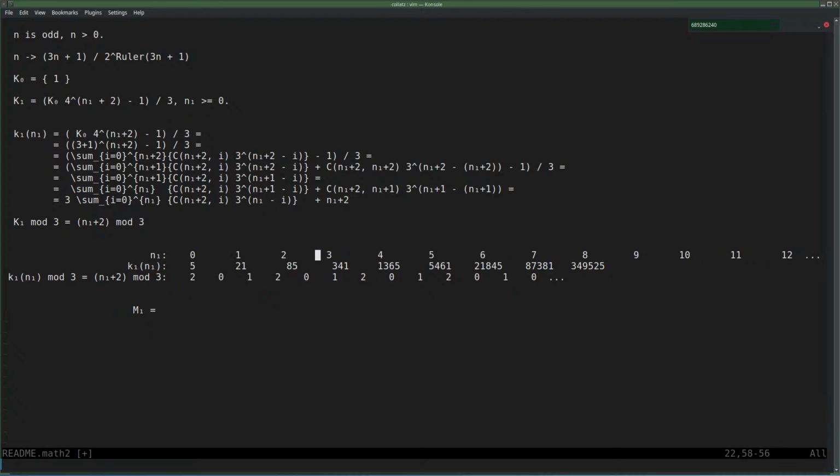It just did not fit. Times 4 plus 1. 1398101. 5592405, and then we have no more.